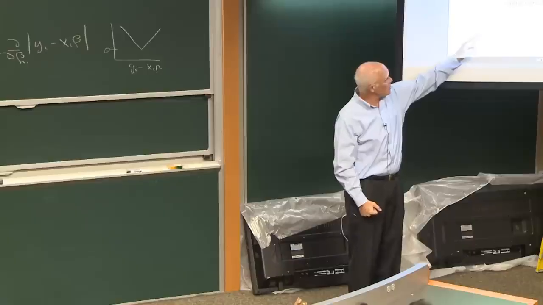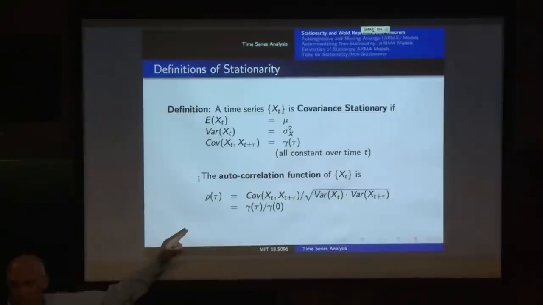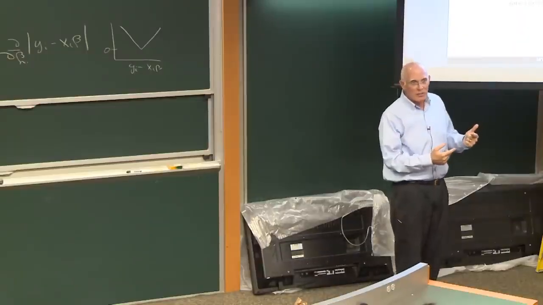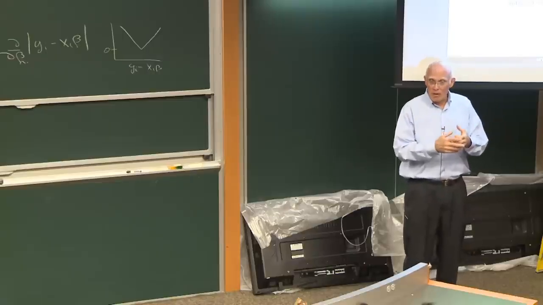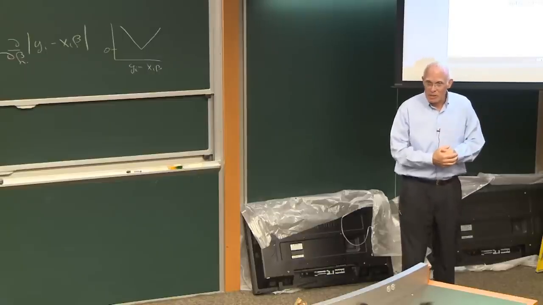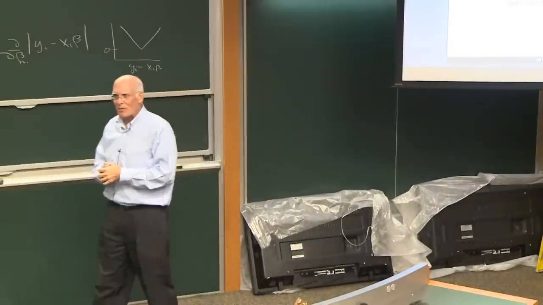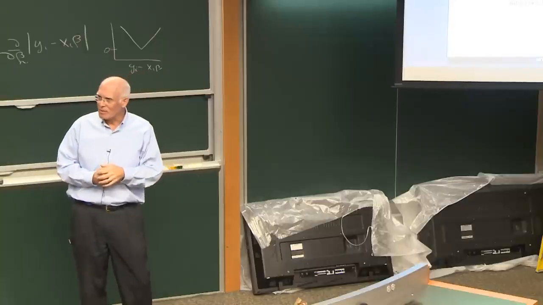We also can introduce the autocorrelation function of the stochastic process, rho of tau. The correlation of two random variables is the covariance of those random variables divided by the square root of the product of the variances. Chung-Bohm, I think, introduced that a bit in one of his lectures where we were talking about the correlation function.